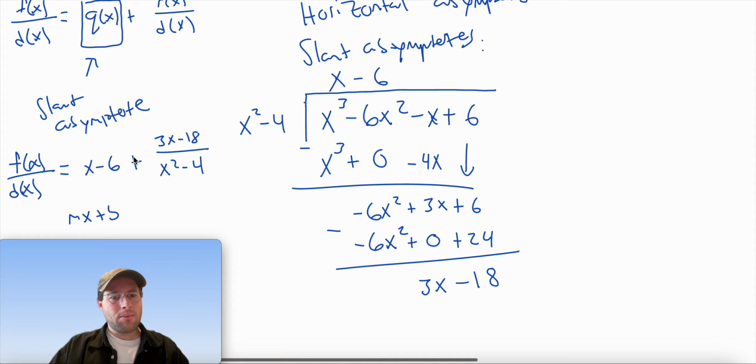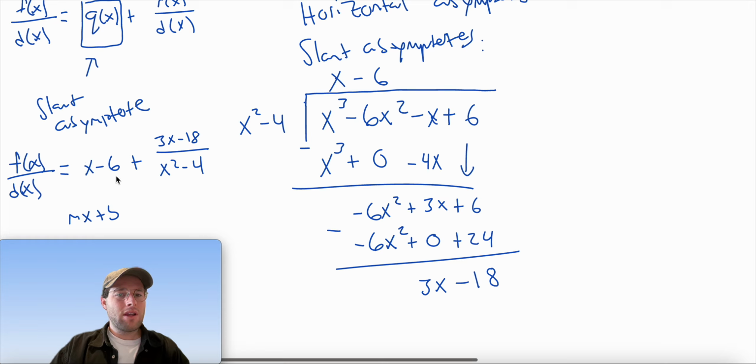And then the second part here is some rational function, 3x minus 18 over x squared minus 4, where we can notice that as x increases, the denominator will be growing much faster than the numerator due to the x squared in the denominator, which is going to result in this term right here ultimately going to 0 as x gets larger.